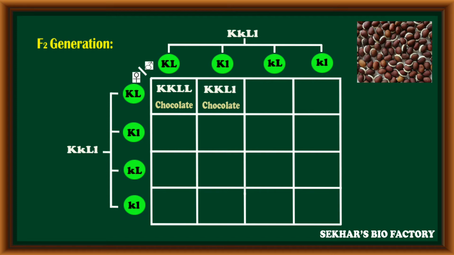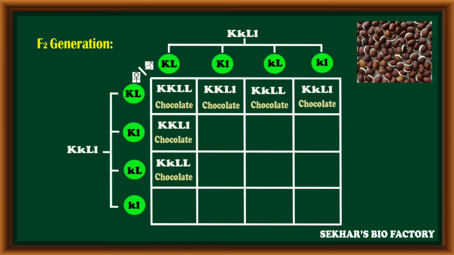The next combinations with capital K and capital L, including capital K, small k, capital L, small l, all give chocolate seed coat color.